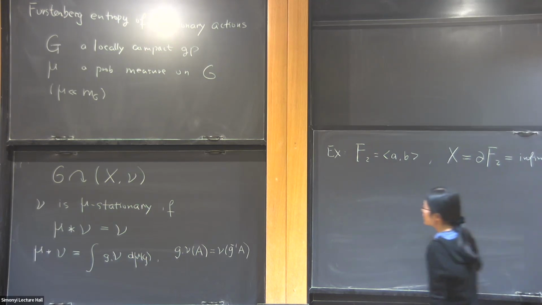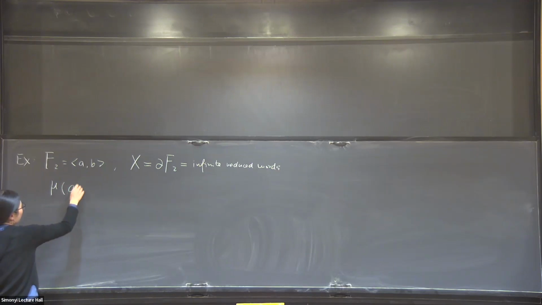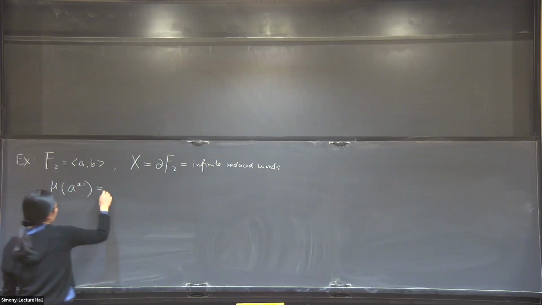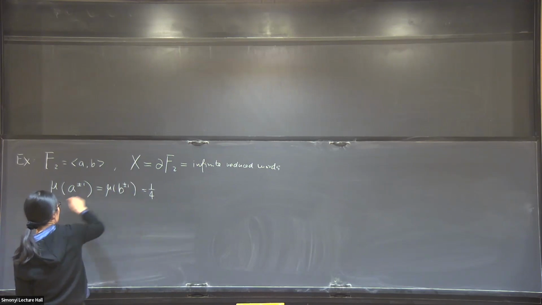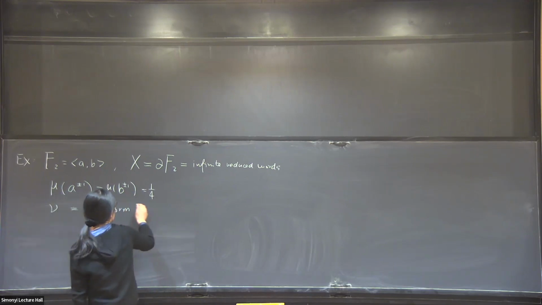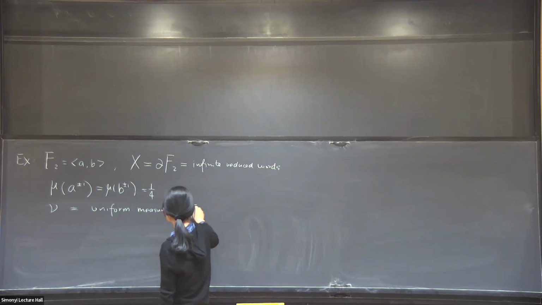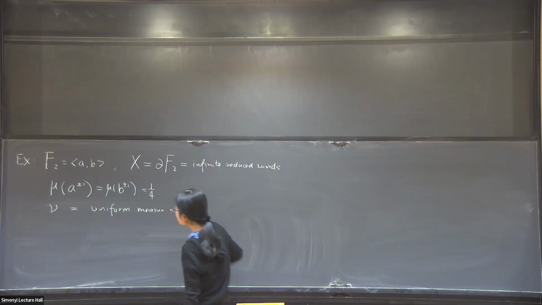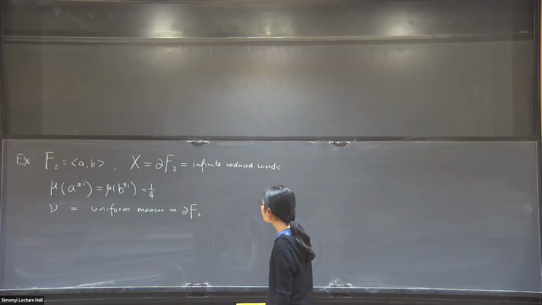And then we can choose a nice measure mu for the random walk: uniform on the generators and their inverses. In this case, the stationary measure on X is the uniform, or Hausdorff, measure on X. You can easily check it is stationary, and this is one of the basic examples of a stationary action.